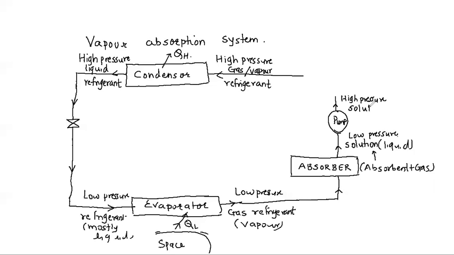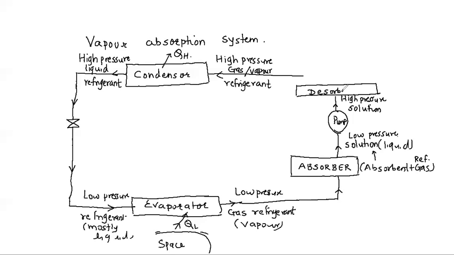The solution is of refrigerant and absorbent. Okay, the refrigerant gas and the absorbent solution is there. Now what is happening next is it goes to another heat exchanger, which is called the desorber. Okay, so let me write down this desorber.